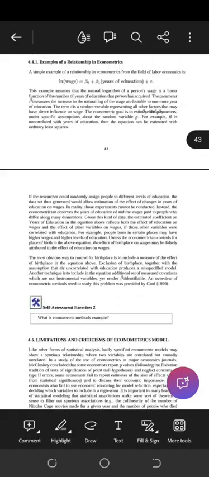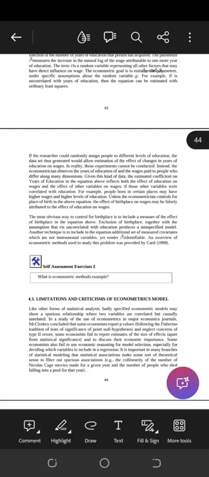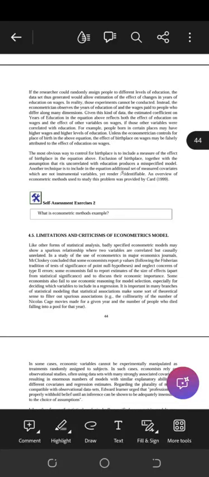Okay. So we have, ó ṣáà ní nǹkan tí mo fẹ́ wò níbí báyìí. Okay, let me see. If the researcher could randomly assign people to different levels of education, the data set thus generated would allow estimation of the effect of changes in years of education. In reality, those experiments are not practical. Given this kind of data, the estimated coefficient on years of education in the equation above reflects both the effect of education on wages and the effect of other variables on wages.